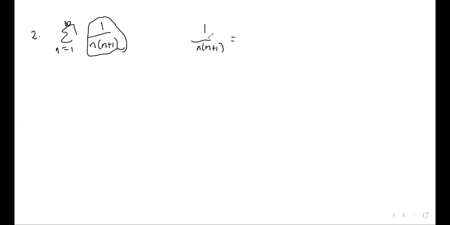You notice that if you break it into partial fractions, you have A over n and B over n plus 1. After you resolve into partial fractions, you get one to be 1 and the other to be minus 1, over n plus 1.